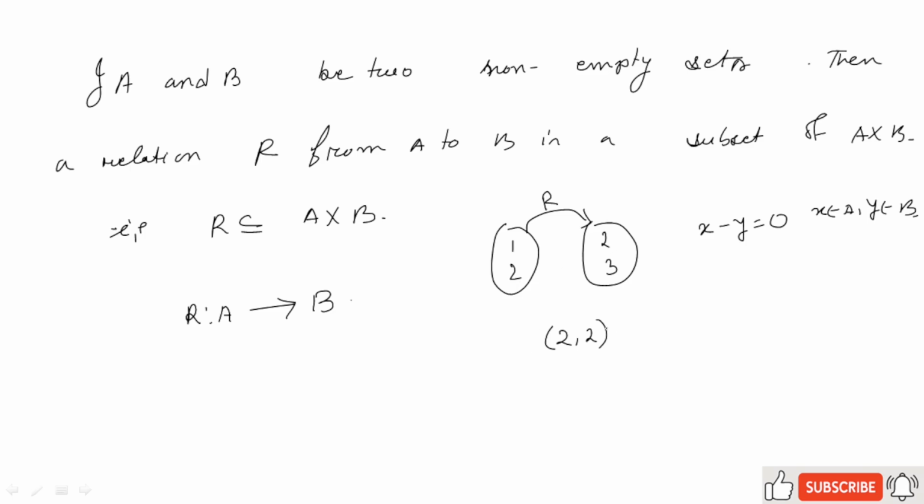So this is a subset of the Cartesian product A cross B, because in A cross B we will get (1, 2), (1, 3), (2, 2), (2, 3). Here (2, 2) is present. So this is a proper subset of A cross B.